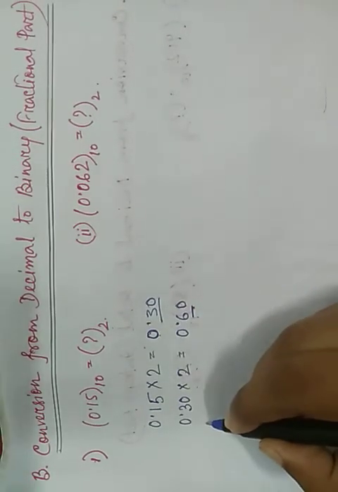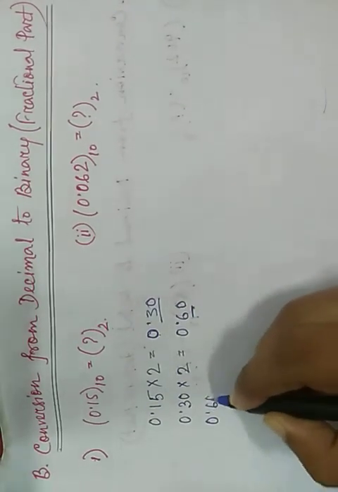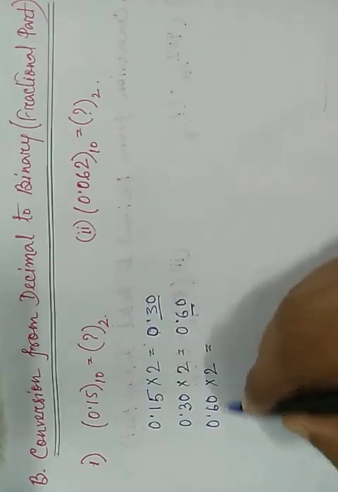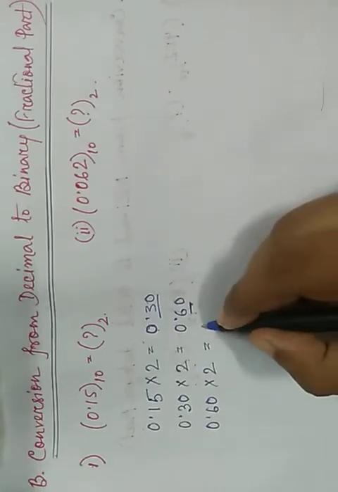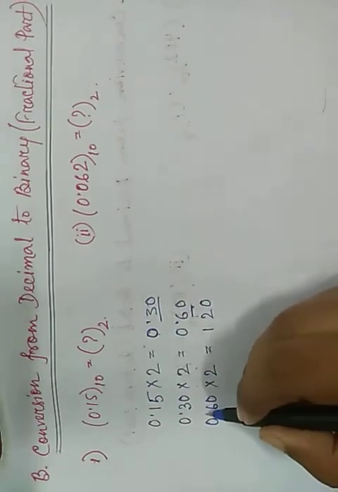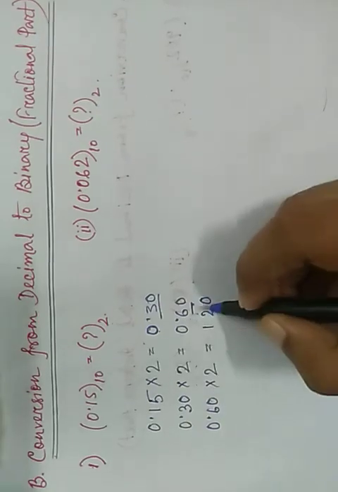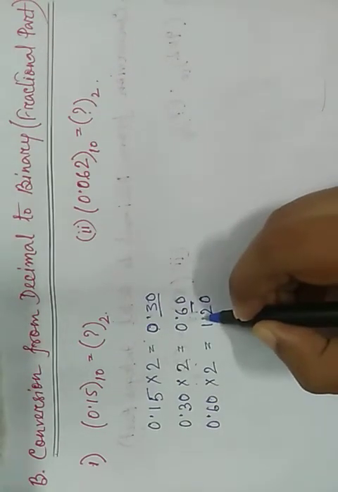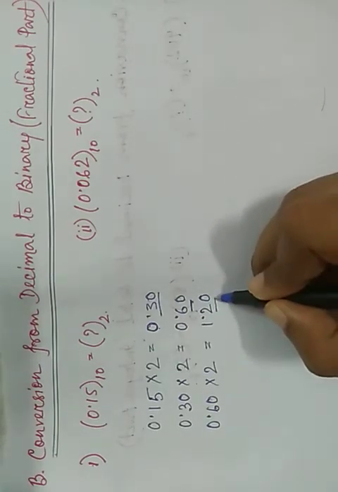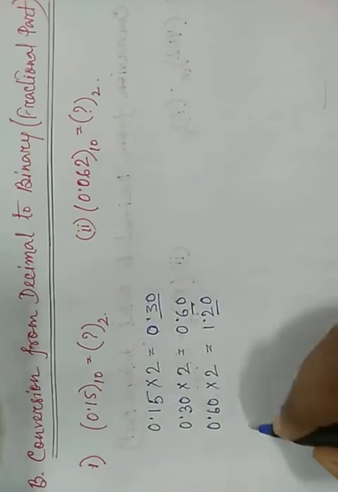Now take this 0.60 into 2. What is it? 60 into 2 means 120. The point is after 2 places from the right side. So here it is 1.20. Again we take the fractional part, that is 0.20.